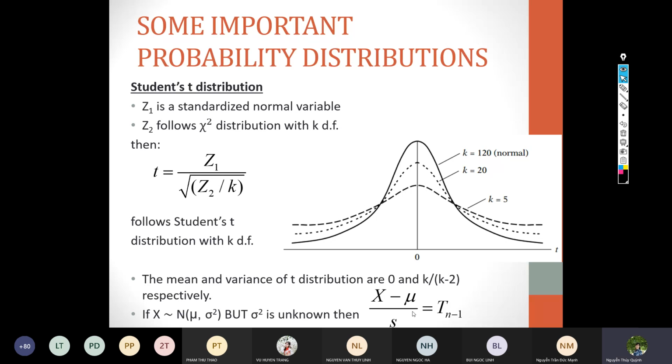Remember that in the previous case, when you know the exact value of sigma square, then x minus mu divided by sigma will follow a standardized normal distribution. But in this case, we do not know the exact value of the variance.